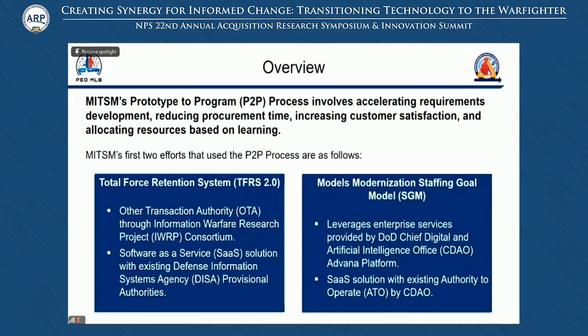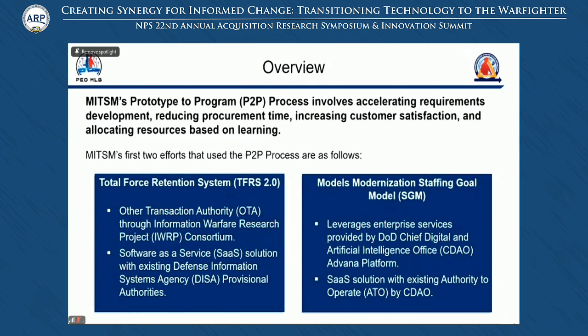The second example in the paper is our first initiative in models modernization, the staffing goal model. This model eliminates inefficiencies caused by redundant data entry, manual record keeping, and disconnected manpower functions, ensuring that leaders have accurate real-time insights into manpower requirements, planning, and forecasting.